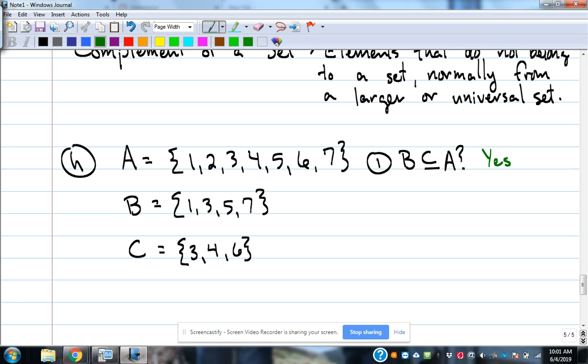Now, what that allows us to do then is to talk about B complement. The way we write it is just an apostrophe, and you'll hear it called B prime. It's just a little apostrophe on the set B, and what that means is it's the complement.